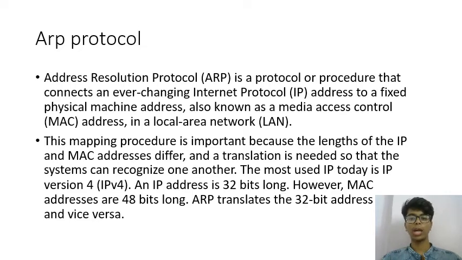The most used IP today is IP version 4, IPv4, and an IP address is 32 bits long. However, MAC addresses are 48 bits long. ARP translates the 32-bit address to 48 bits and vice versa.